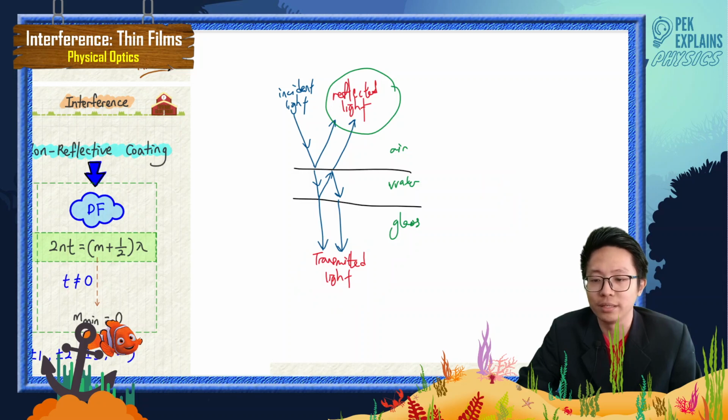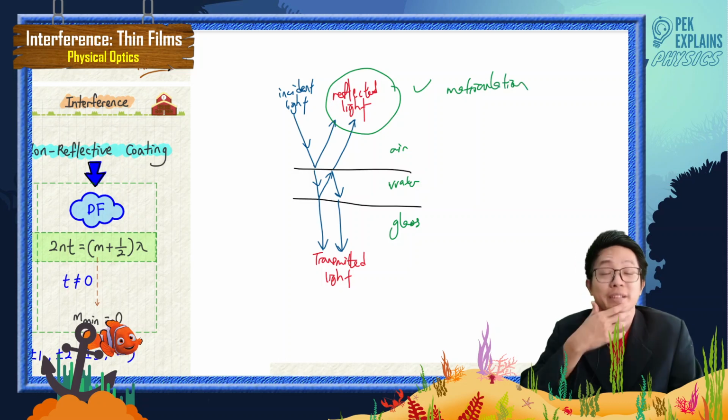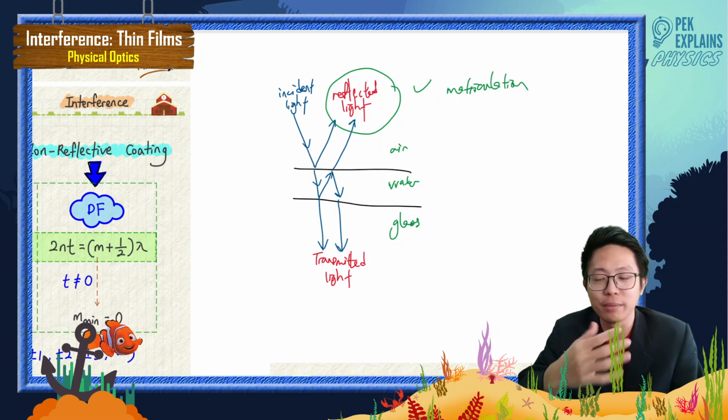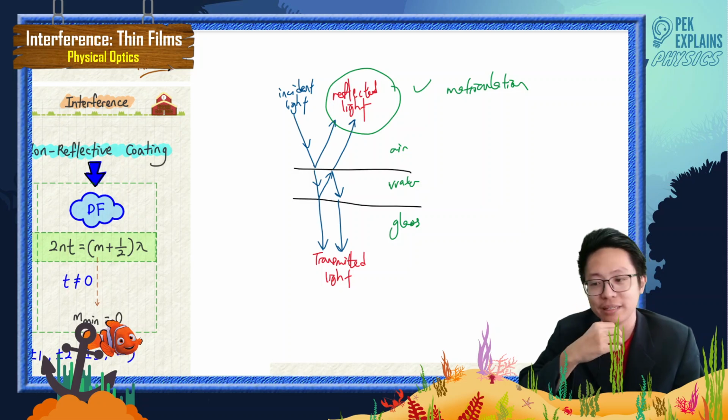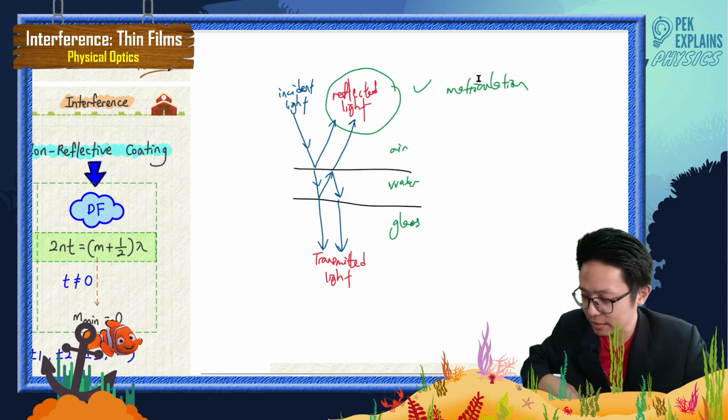You only learn about this. So I can say matriculation students are very good, very fortunate. They no need to be tested on this transmitted light. They are only tested on this reflected light.